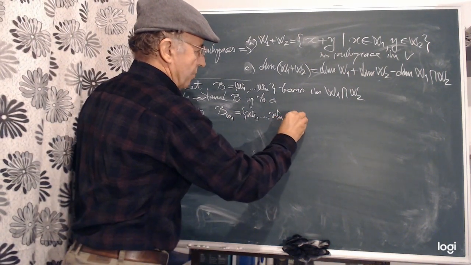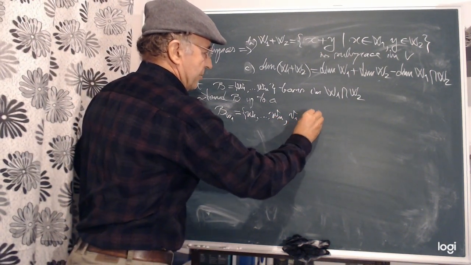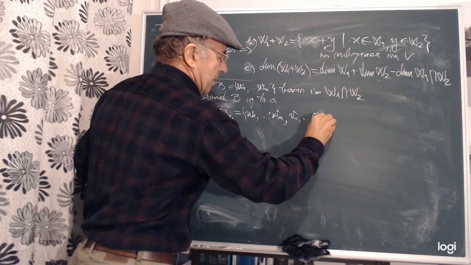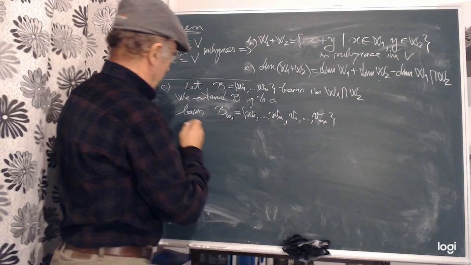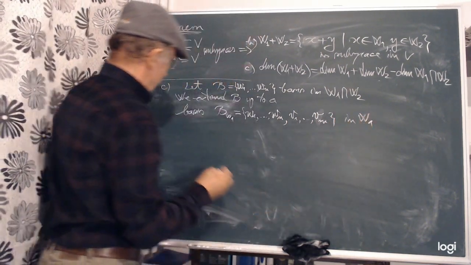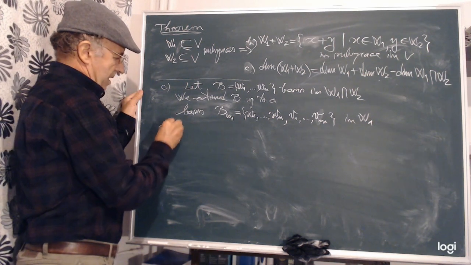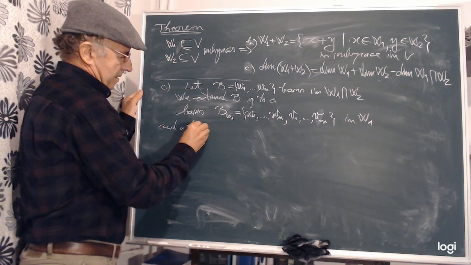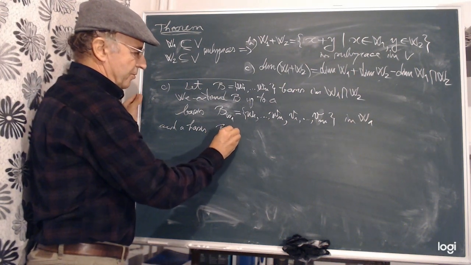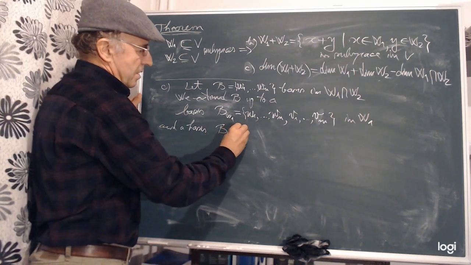Let us add v1 up to vm, up to a basis in W1, and in a very similar way, a basis of W2.